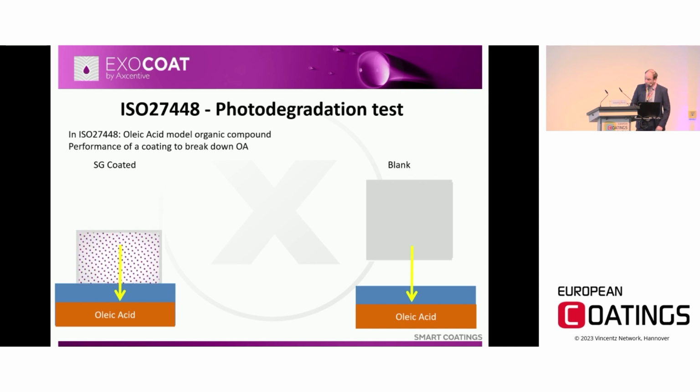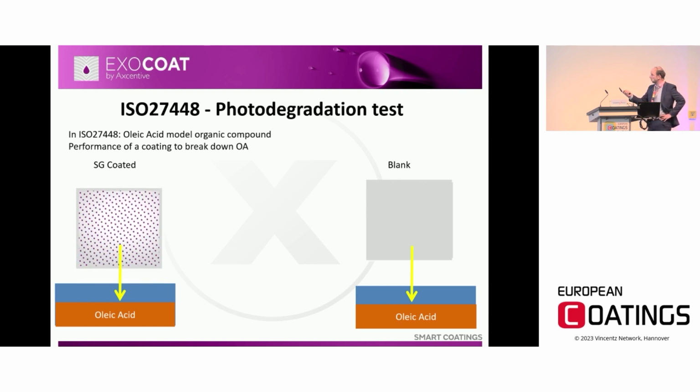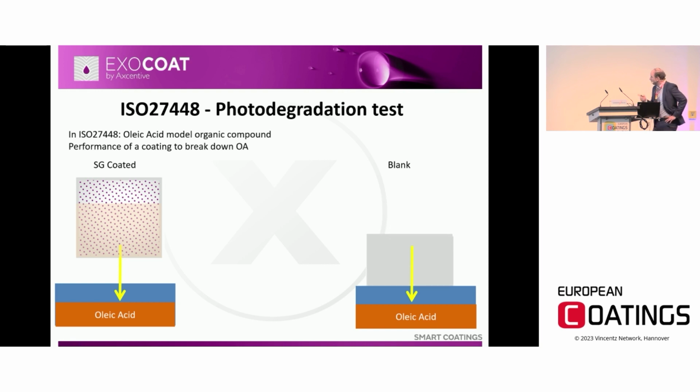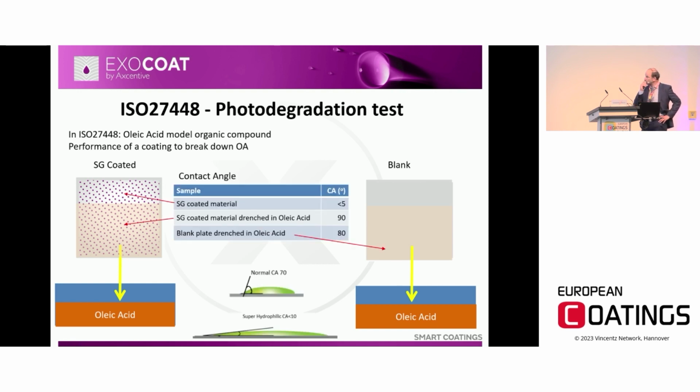So what you do, you apply your coating on your plate, and then you dip this into your oleic acid solution. You do the same with the blank, so you also dip it in an oleic acid solution, and then the value you're going to follow is the contact angle, the contact angle of water to this surface.